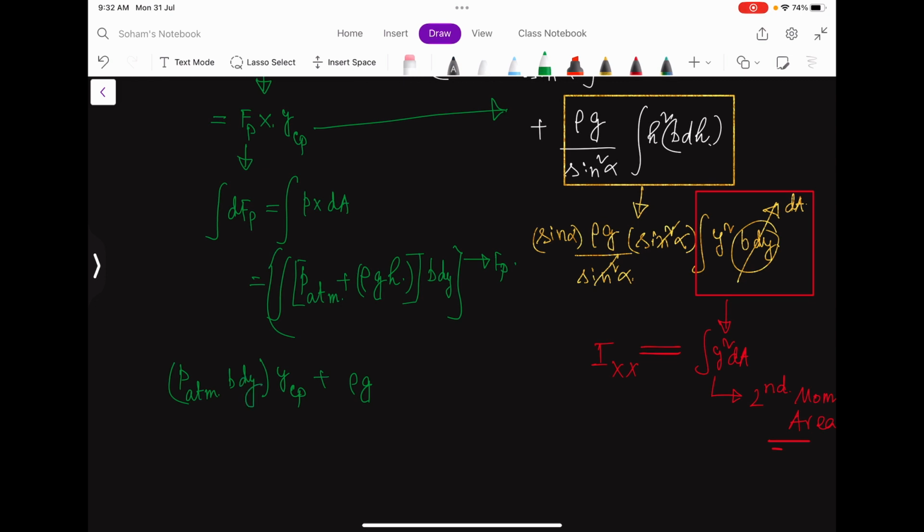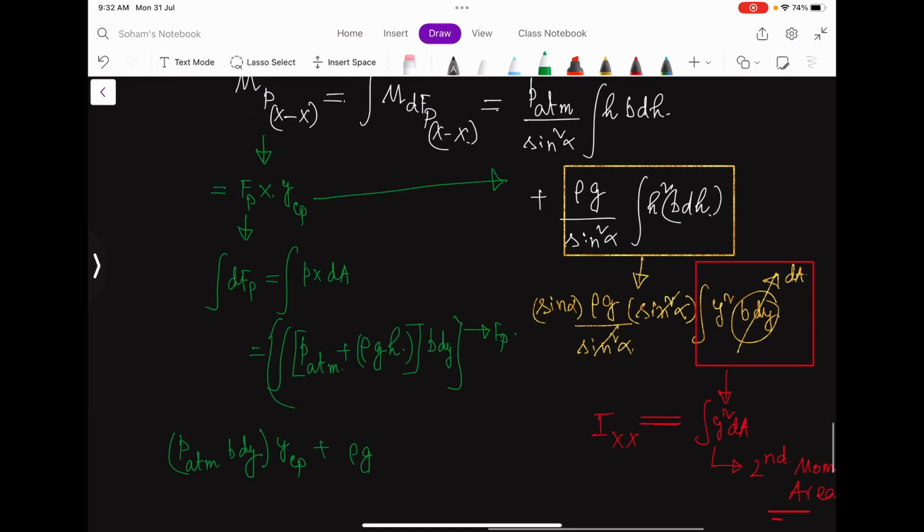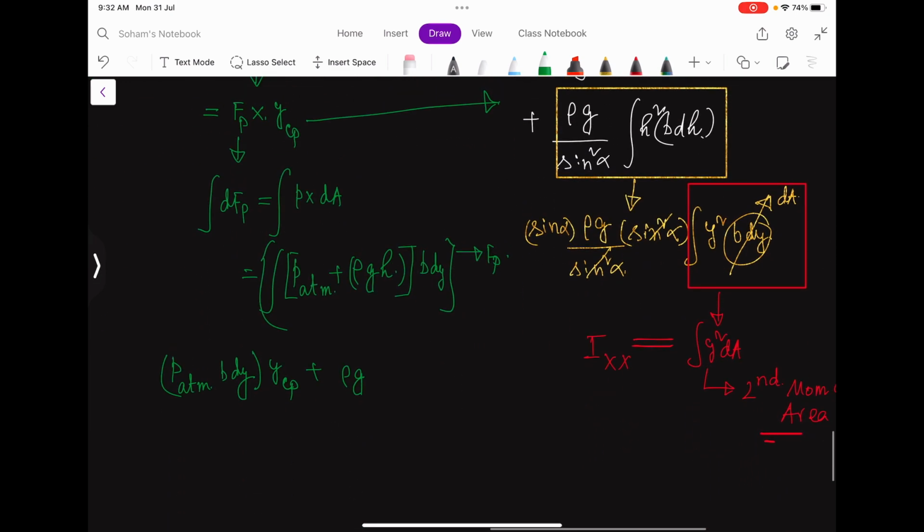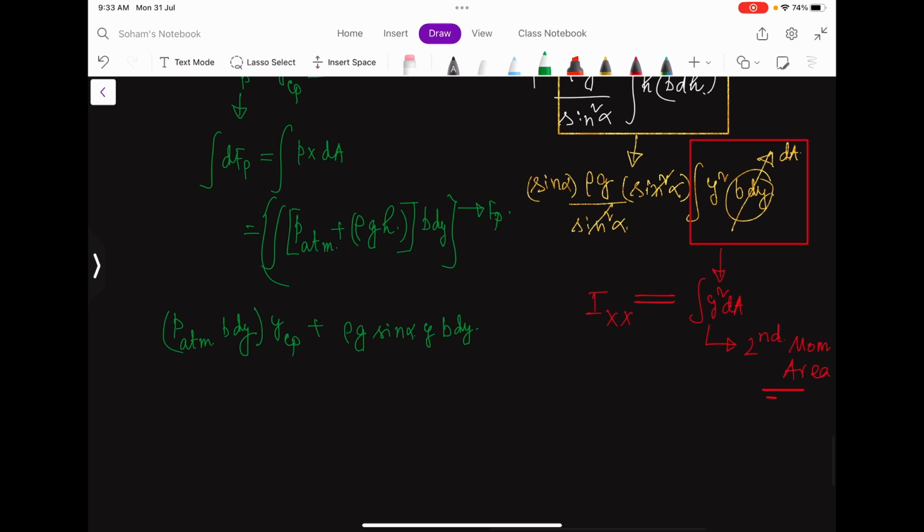So rho g, and H means y sine alpha, so just replace this as y sine alpha. Then it becomes rho g sine alpha into y into b dy.